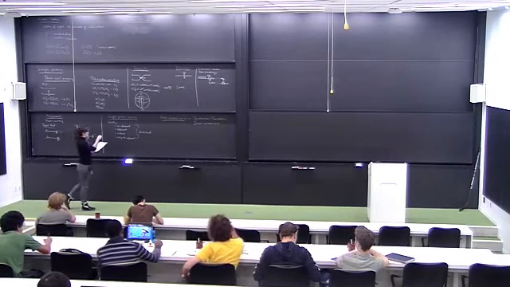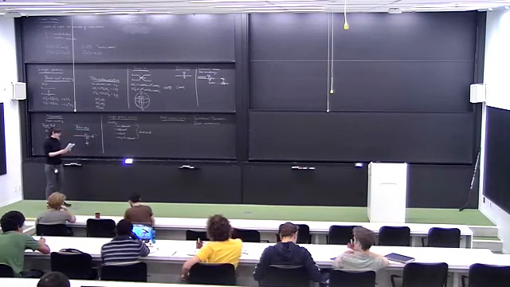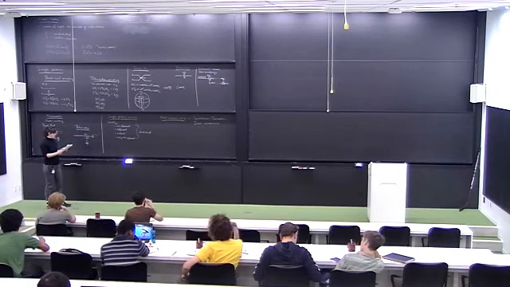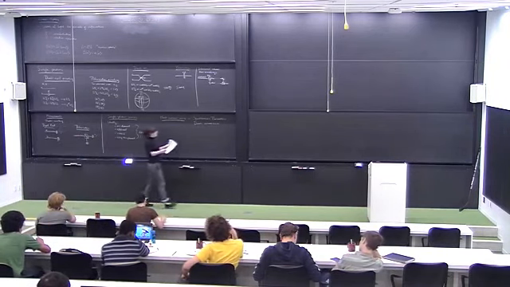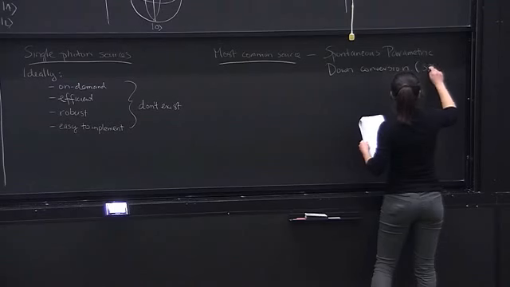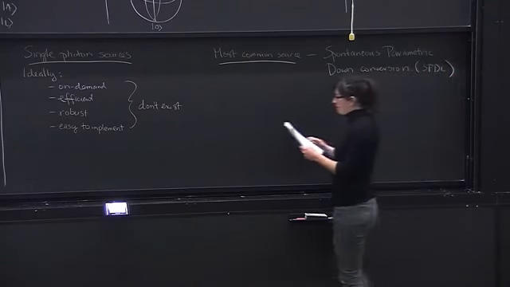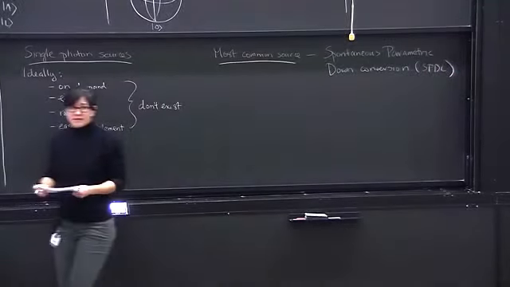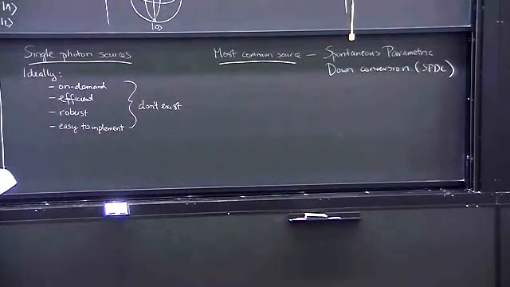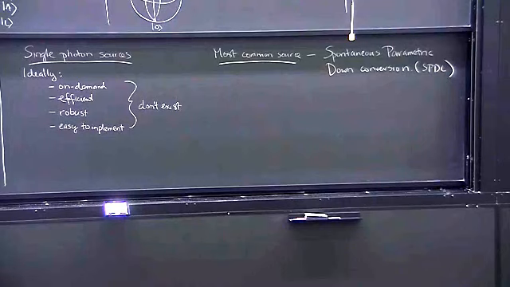I've talked a little bit about it in some other lectures, but I'll remind you how this works. It's a nice source. It's not on demand, but it's heralded in the sense that it doesn't always produce a photon, but when it does, we know that it's there, and so then we can go ahead with our experiment.